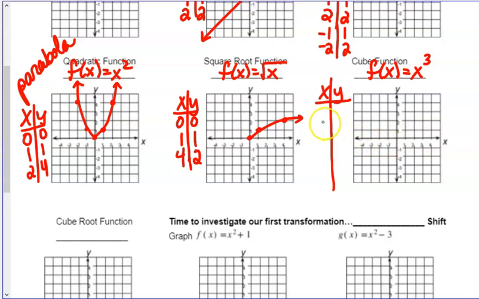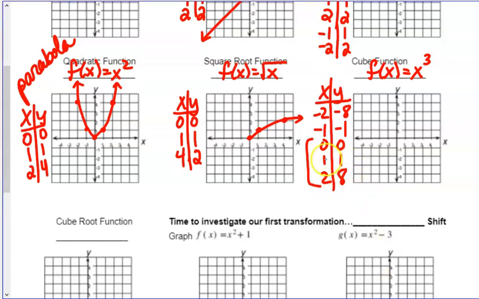You only have to remember these pieces as long as you remember it's symmetric over the origin. -2 cubed, so multiply -2 by itself 3 times, gives us -8. -1 times -1 times -1 is -1. 0 cubed is 0. 1 times 1 times 1 is 1. And 2 times 2 times 2 is a positive 8.